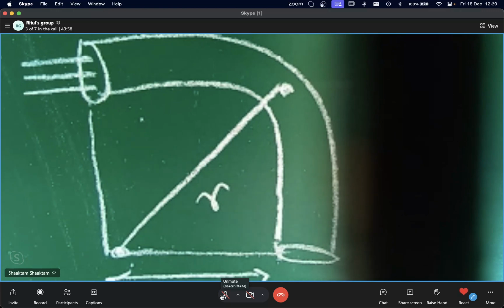Shaktam, what say you? 1, 2, 3, will they come all at the same time? Okay, they are to come out at different times is what I'm getting two votes on. I'll go by majority. They will not be coming out at the same time.